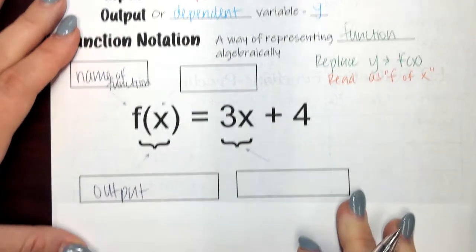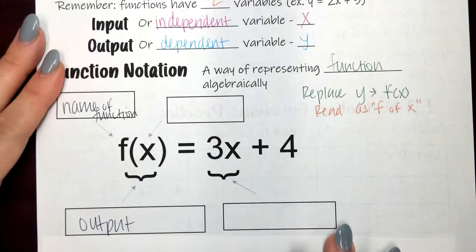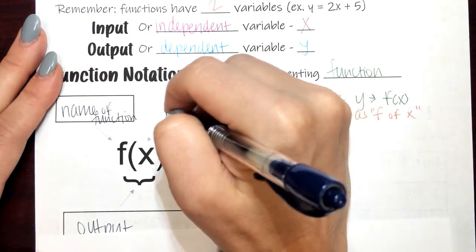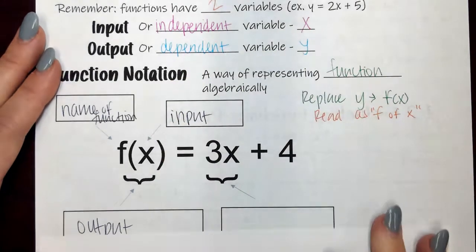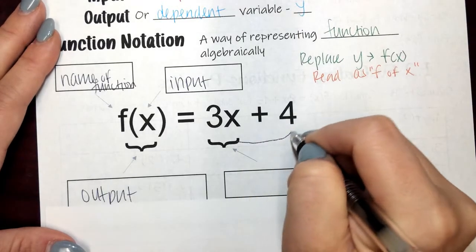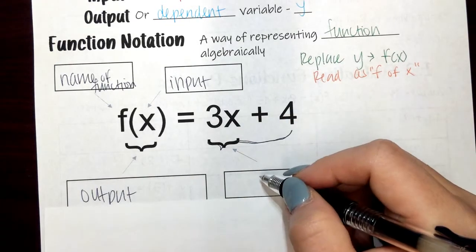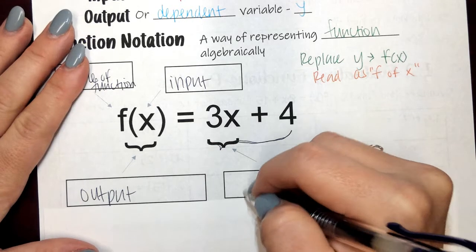So that's our output. What was our x? Our x was our input. And then this whole piece, that's just our function.